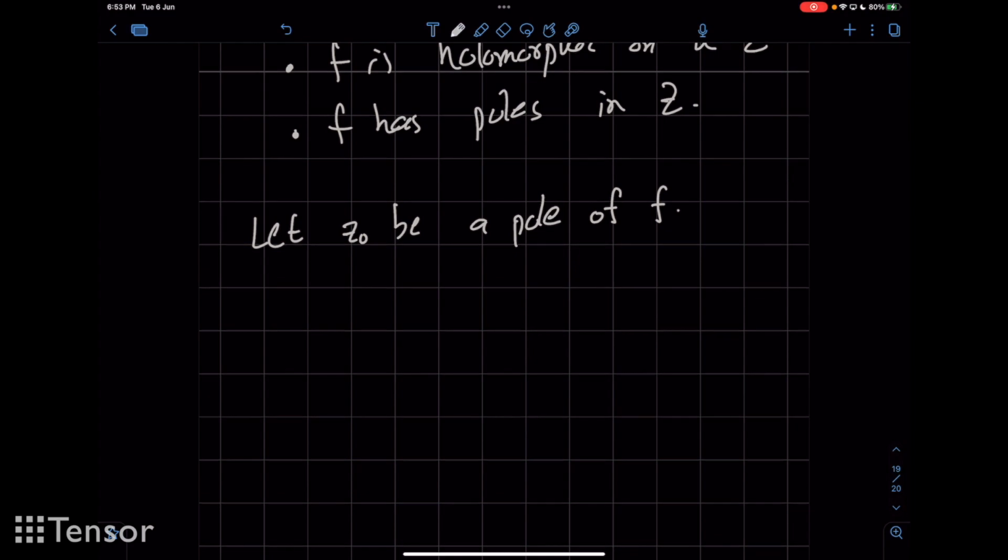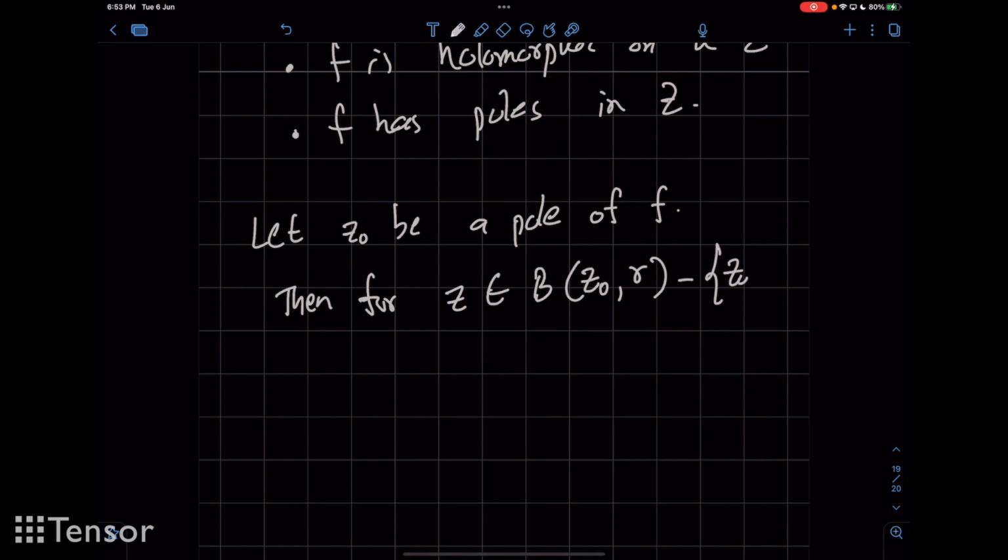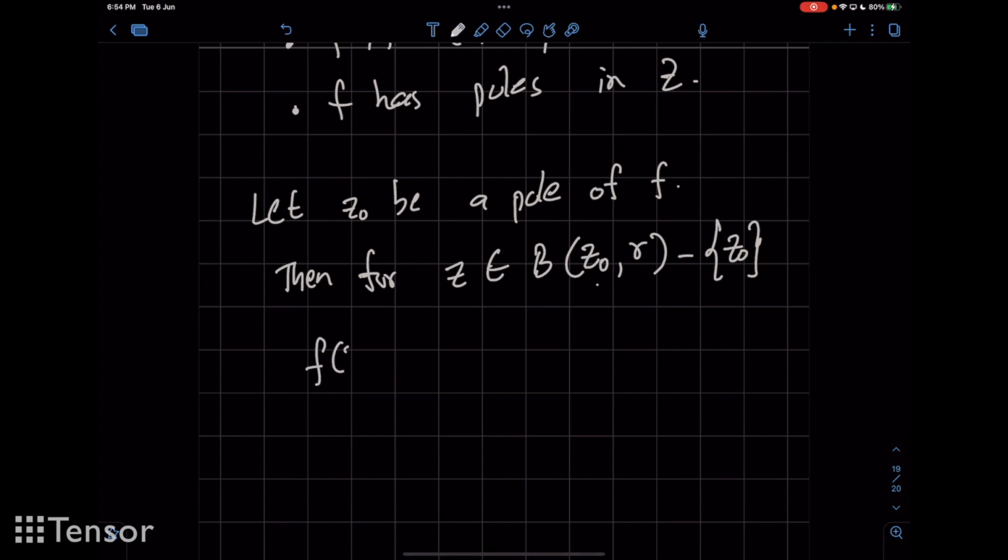So if z naught is a pole of f, then for z belonging to some open ball centered at z naught with radius R, but we are not interested in the center, because we know that at the center f of z naught is basically infinity, f of z is equal to the sum of c_n (z minus z naught) to the power n, where n goes from negative infinity to infinity.